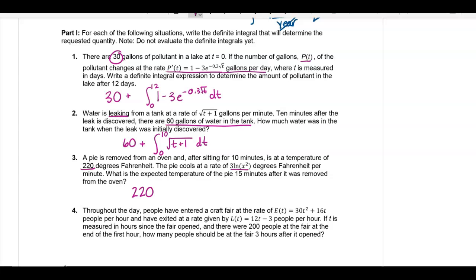And then what's the expected temperature of the pie 15 minutes after it was removed from the oven? Well, we know it was 220 after 10 minutes. The temperature is decreasing, it's cooling. So 220 minus, well, if 220 was at 10 minutes, now we're looking for 10 to 15. Integral of that rate, 3 natural log of x squared.